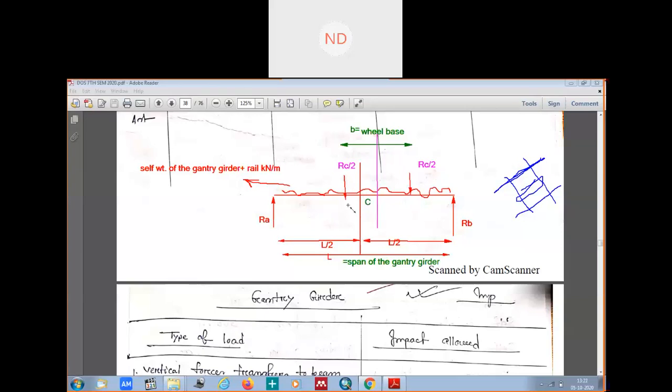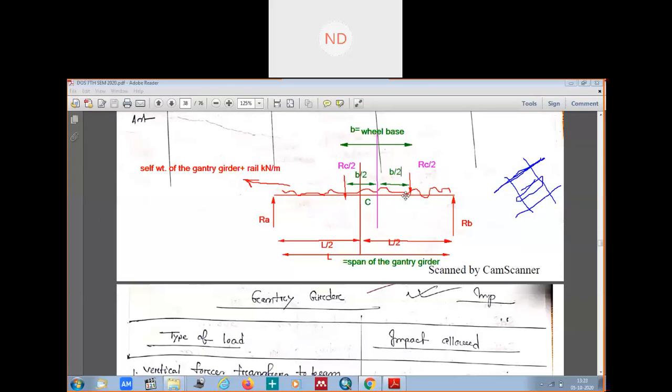So from here to here it is B by 2, and from here to here it is also B by 2, because this wheelbase was B.